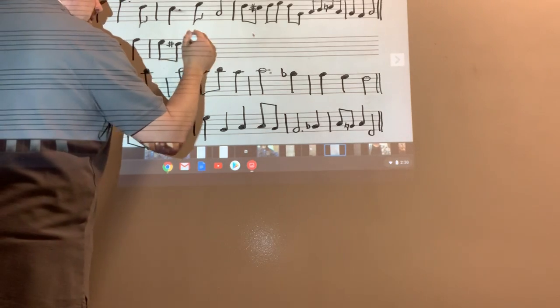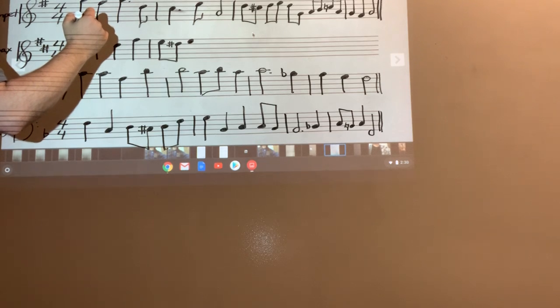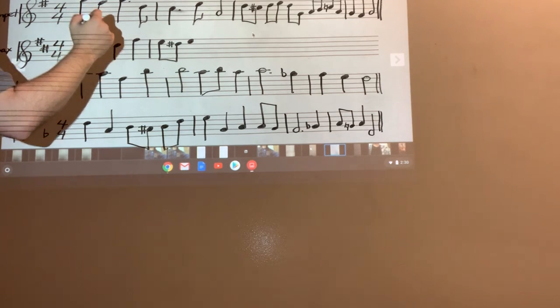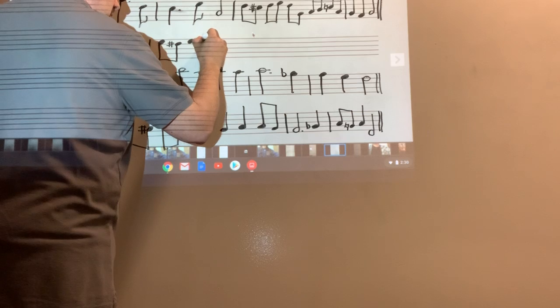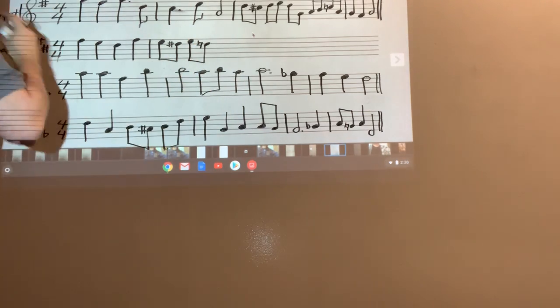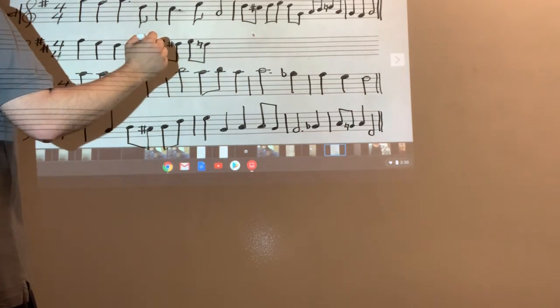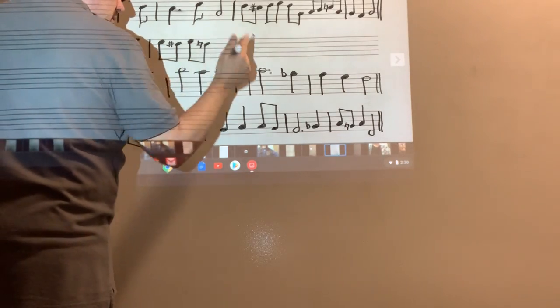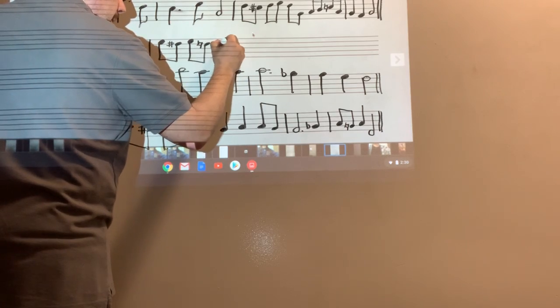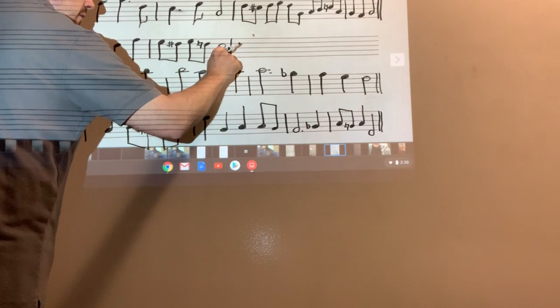And then G becomes E. And F becomes D natural. F natural is an example. And then E becomes C. 1, 2, 3, 4, 5, 6.